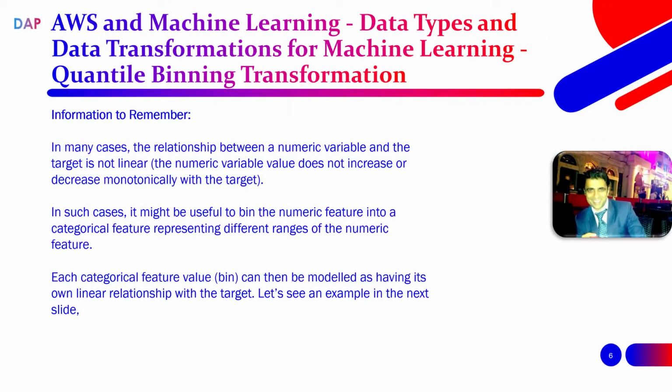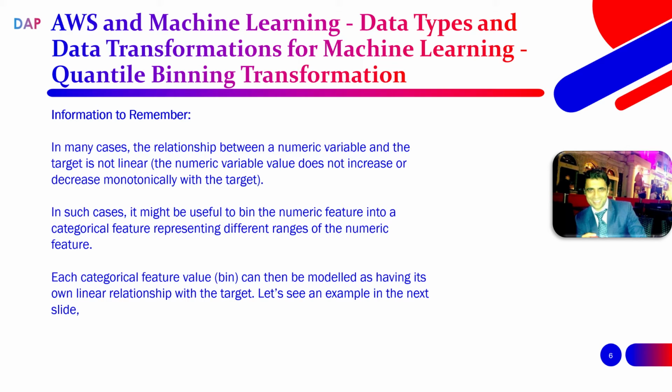Information to remember is that in many scenarios, when you do machine learning projects, you will see that the relationship between a numeric variable and a target variable is not linear. The numeric variable value does not increase or decrease monotonically with the target.